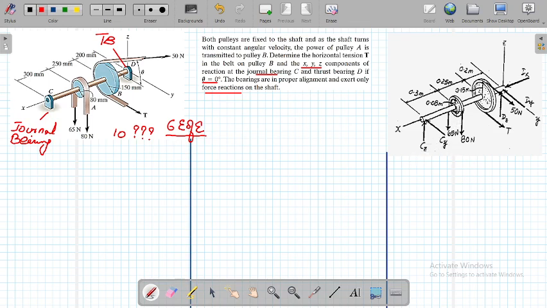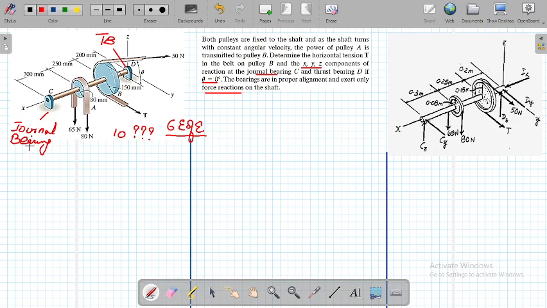It will be this force, 65 Newton, then the 80 Newton force will be summed, then you can take the moment of this force very easily. And this Cy and Cz will not be considered because they are passing through this x-axis. So let's start solving the problem.